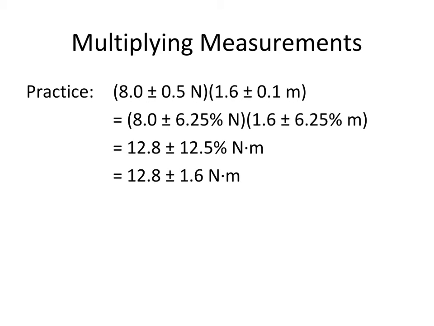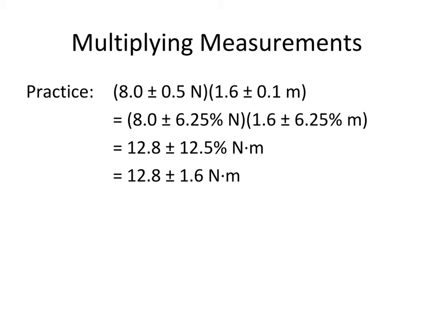It's just coincidence that these values are both 6.25%. They could be very different percentages. When we add them together, we get 12.5%, and then we convert that back to our absolute uncertainty.